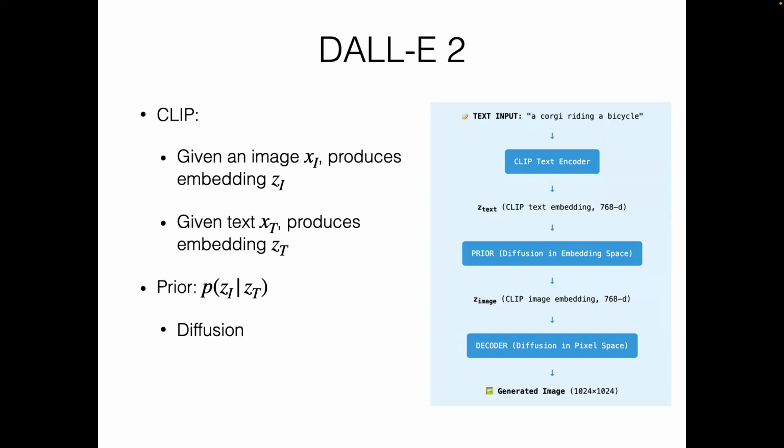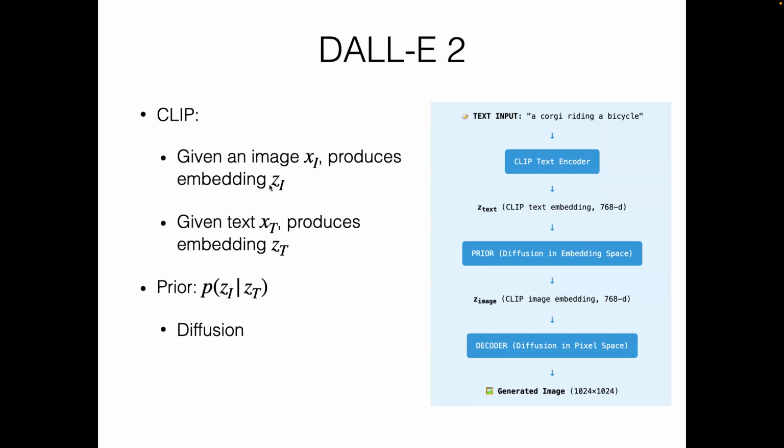So for that, what they do is they train two different models. The first one is what they call the prior model. The prior model basically goes from the embedding of text to an embedding of images. For training the model, they could basically have a data set of text and images, and they could train the model to produce the image embedding that they get from CLIP.